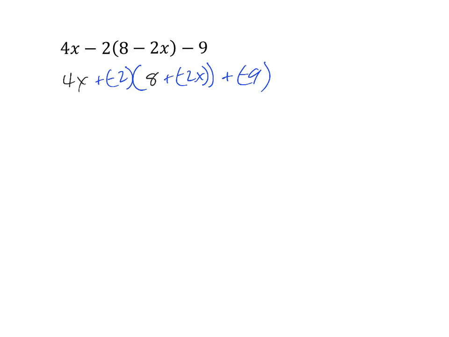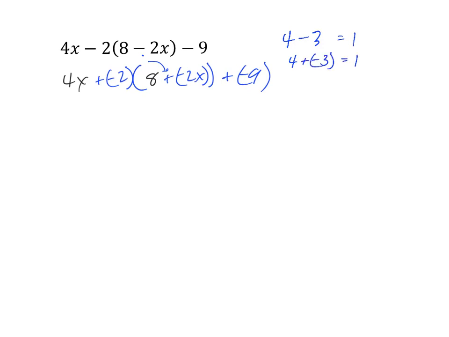Okay, and I hope you're seeing that the blue is what we changed. We basically said if we're doing subtraction, we get the same result when we add the negative. Just as if we had 4 minus 3, that'd be 1. We get the same result when we have 4 plus negative 3.